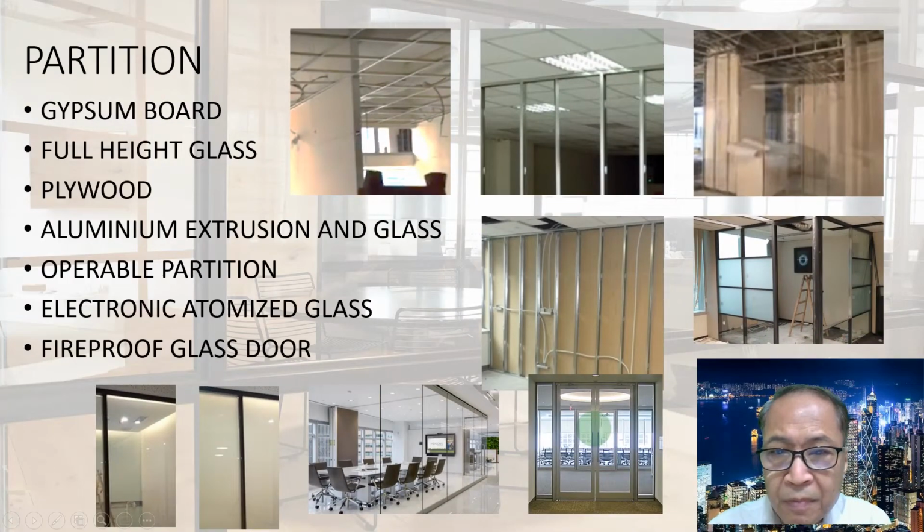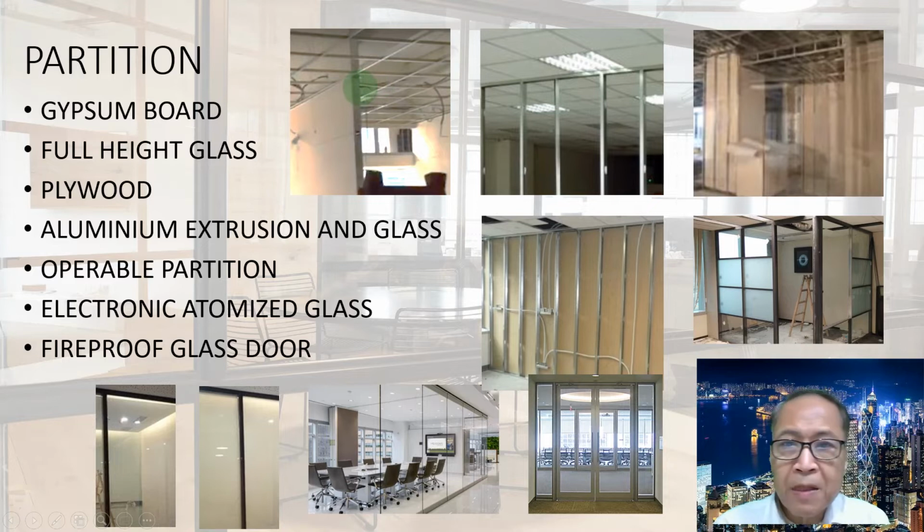Partition. Nowadays we mostly use gypsum board. You use gypsum board partition, steel stud, metal stud. Actually, we got two kinds of gypsum board partition. You see, this is two kinds. This one goes to the concrete ceiling, but this one, which only has the false ceiling, is different. Because when you get a flat, the false ceiling comes with the flat already, so you install your partition under the false ceiling.